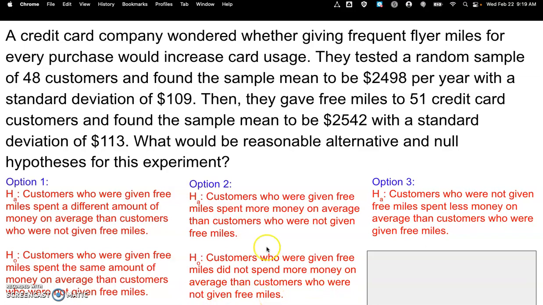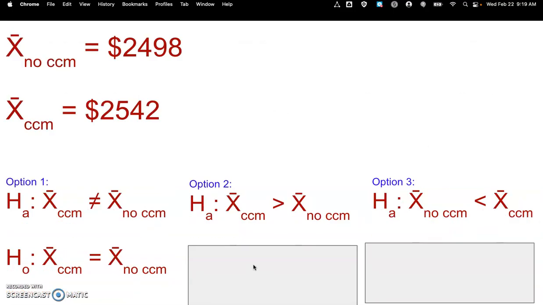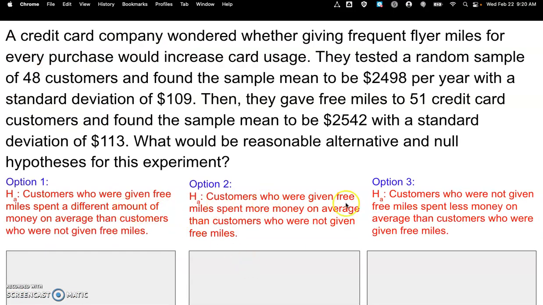So what you really need to be able to do on this quiz is your first step is going to be to identify all of your alternative hypotheses, and they should be pretty obvious. Then you want to jump to the same question where I'm asking you to find the null hypotheses and think about what's the opposite of that statement.